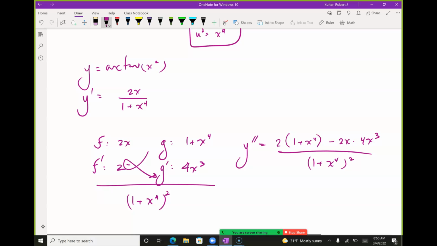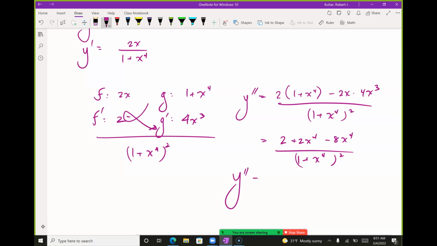I like to factor if I can, but this one is easy enough just to distribute everything in the numerator and simplify, right? So I certainly can do that here. 2 plus 2x to the fourth minus 8x to the fourth. And it looks like I'm going to have 2 minus 6x to the fourth over 1 plus x to the fourth quantity squared. I can still factor upstairs, and it's probably a good idea to do that.